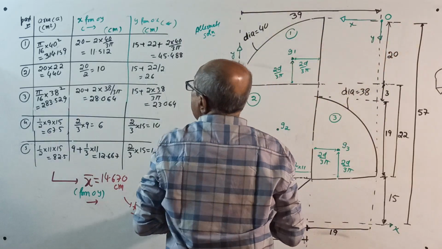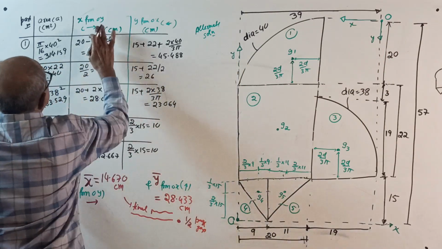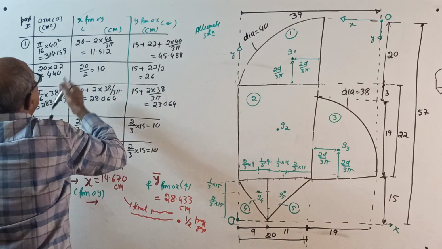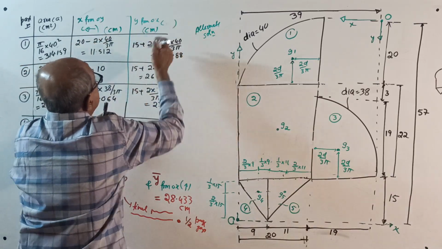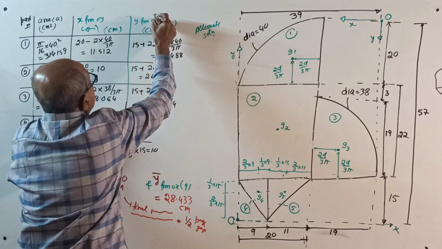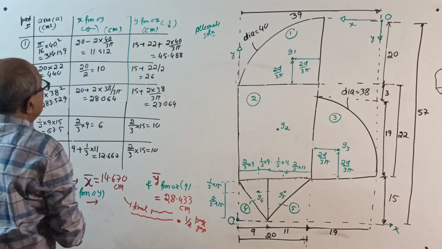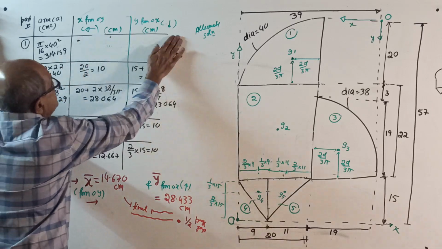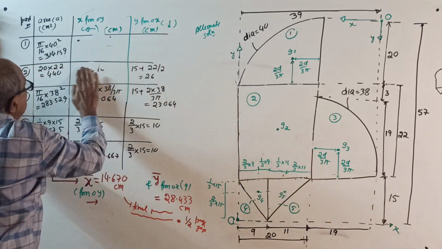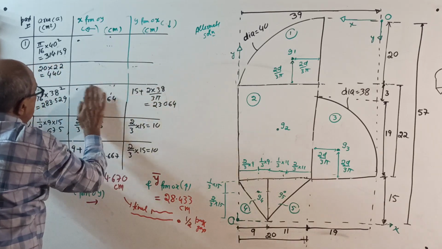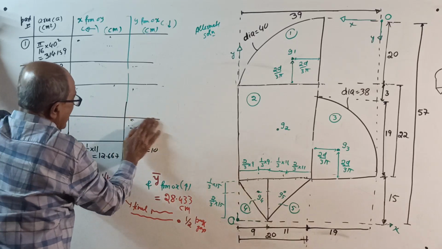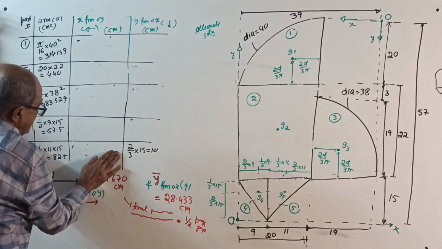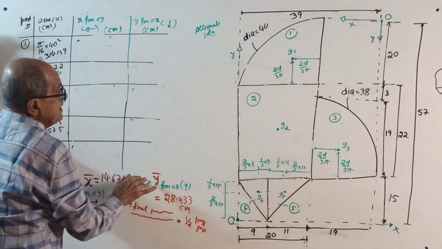Then x is from OY to the left side, y from OX to the downside. Then the area will remain the same, but all these values will change. This time, in this class, I will explain. Next time I won't explain.